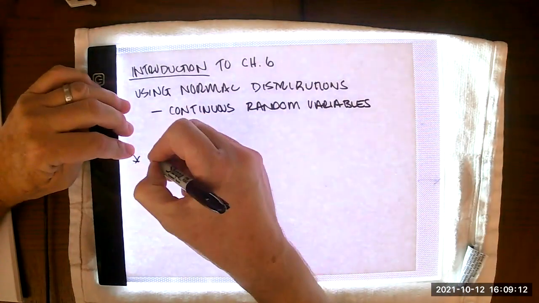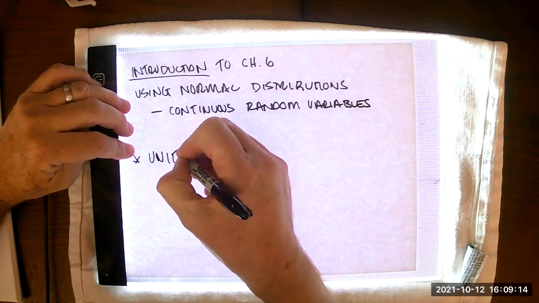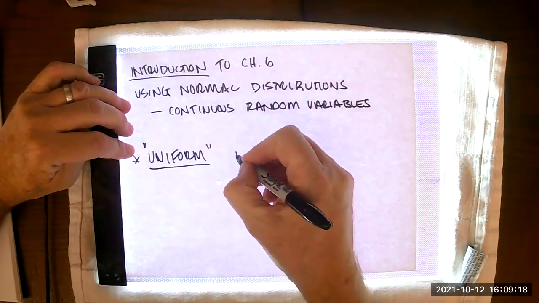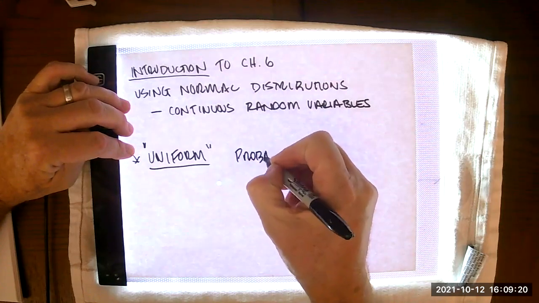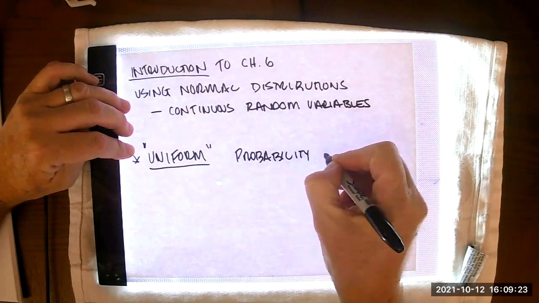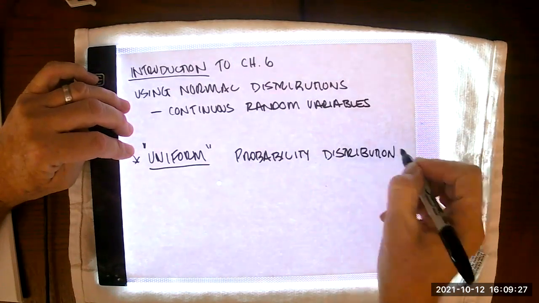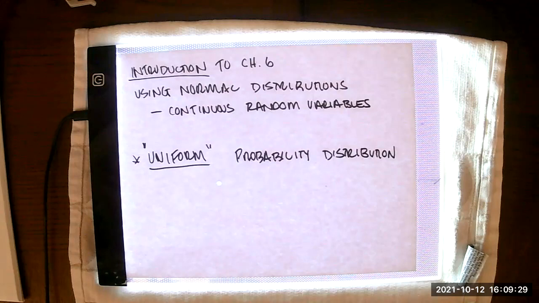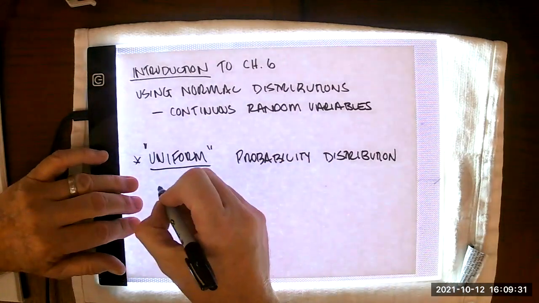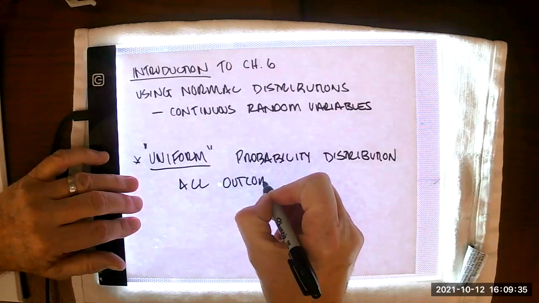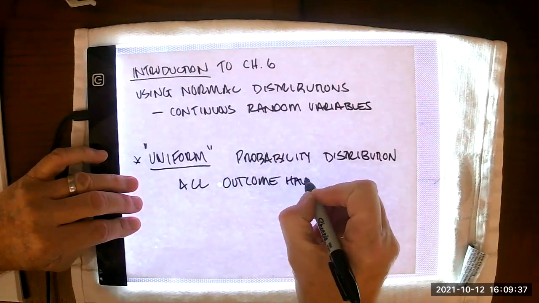This is what we call a uniform probability distribution. And in this uniform probability distribution, all outcomes have the same chance of occurring.